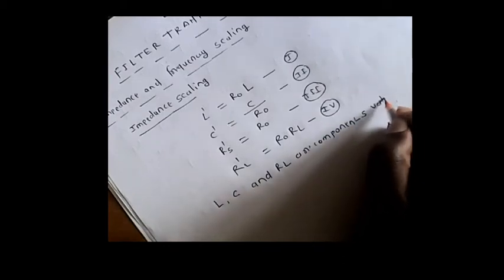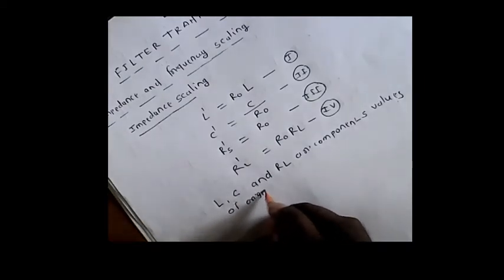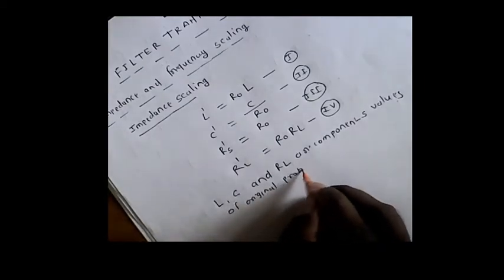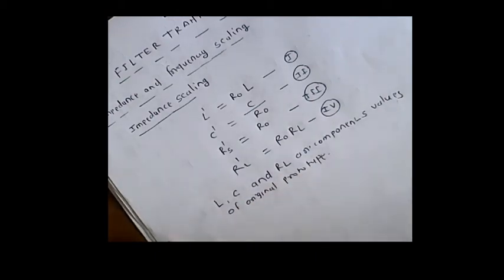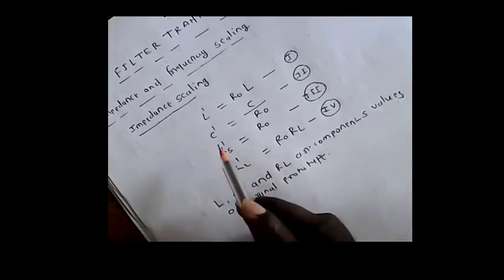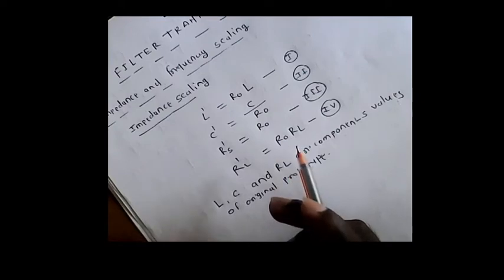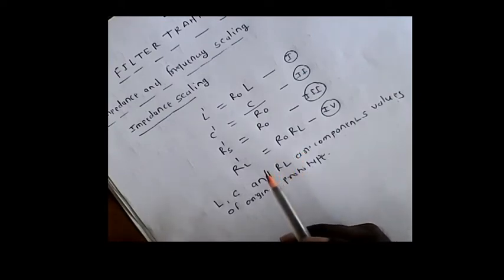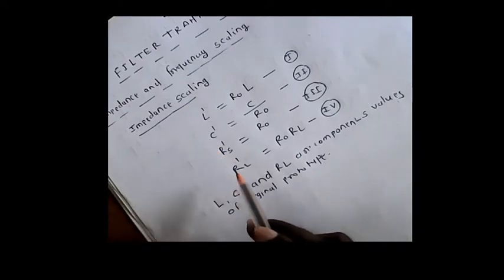This is about the impedance scaling. So we multiply and divide the original components by R0, and we get new components of the filter in the form of L dash, C dash, Rs dash and RL dash.